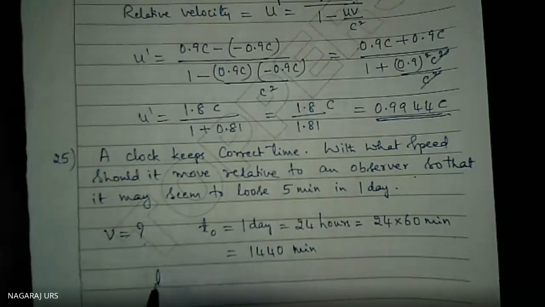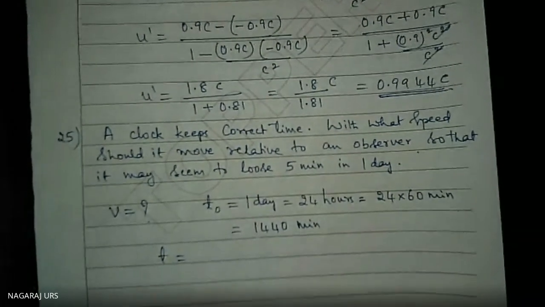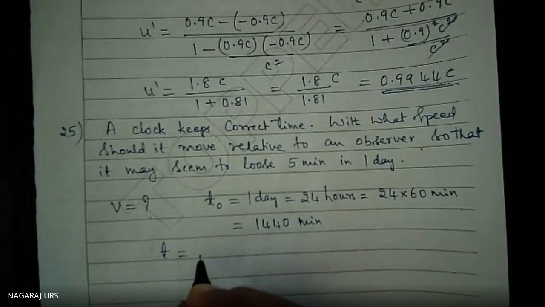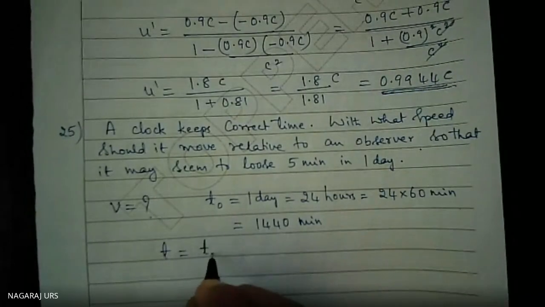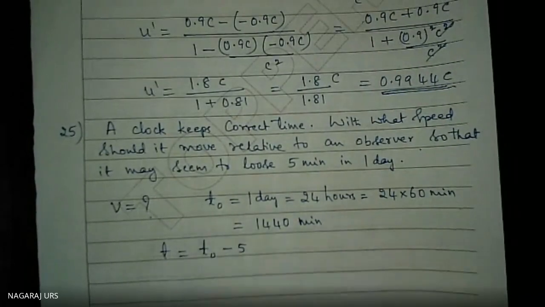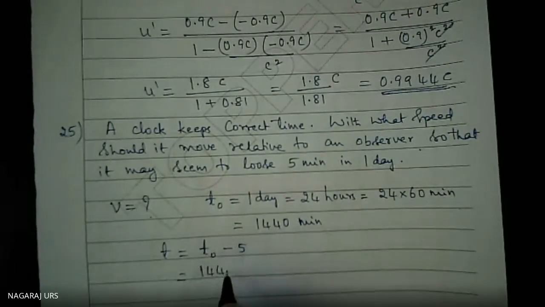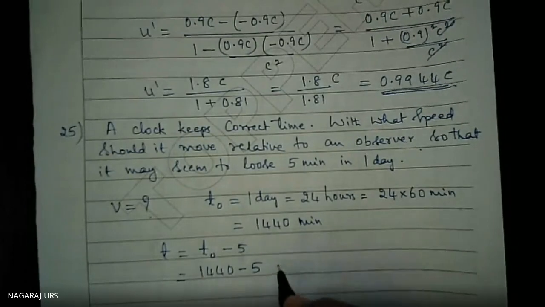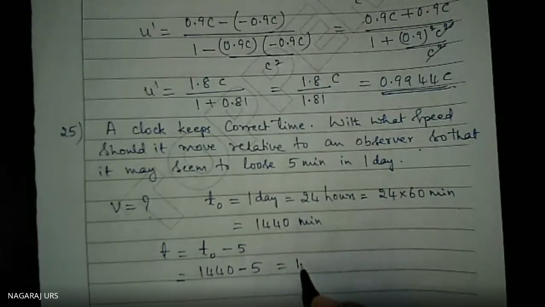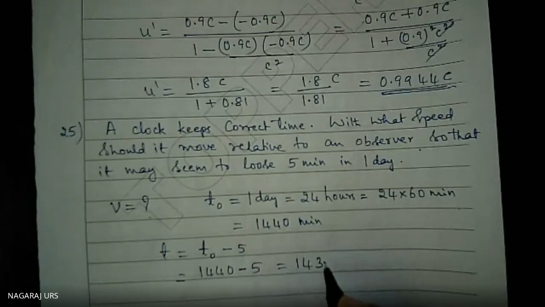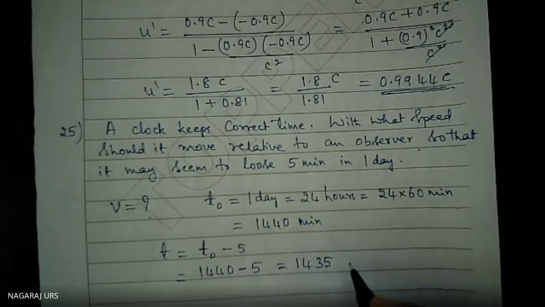Therefore, T, the apparent time, is equal to T naught minus 5, that is 1440 minus 5, that is 1435 minutes.